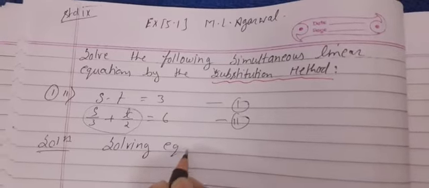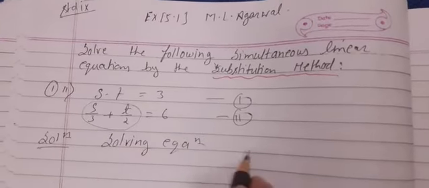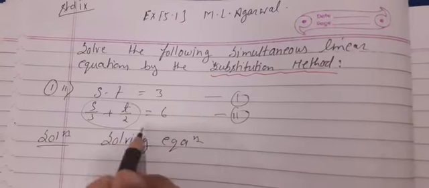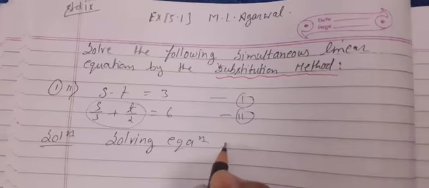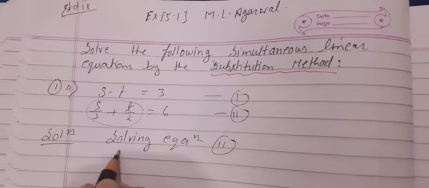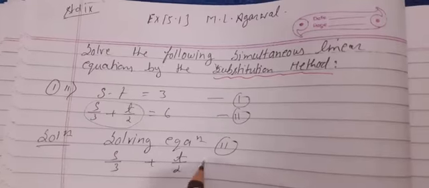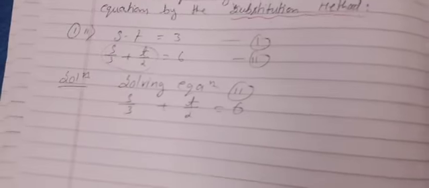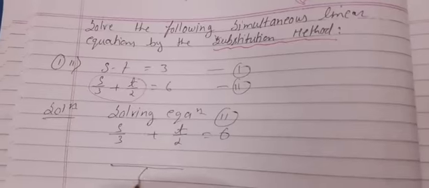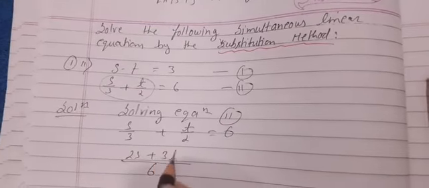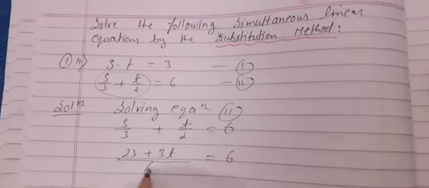Solving equation 2, just to make it a normal linear equation in which no number is fractional. So solving equation 2, here is s by 3 plus t by 2 is equal to 6. So I will take the LCM. This is 6, so it is 2s plus 3t over 6.